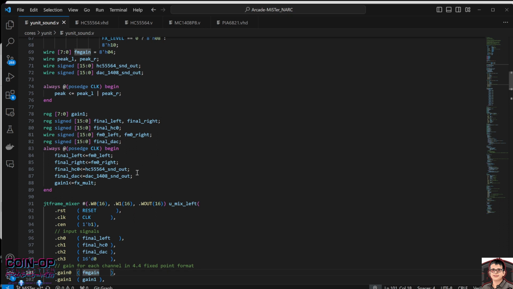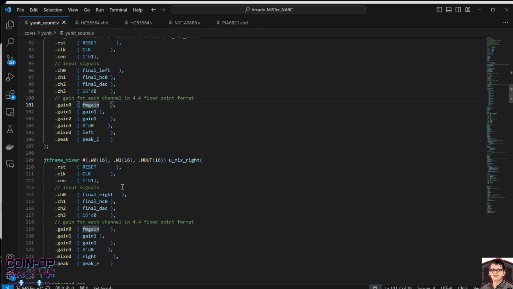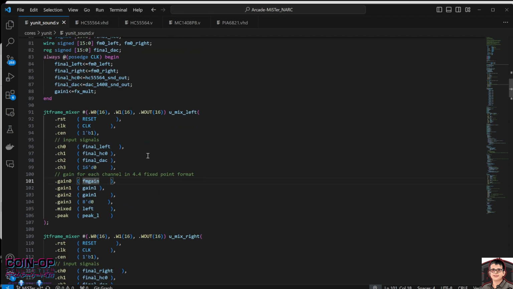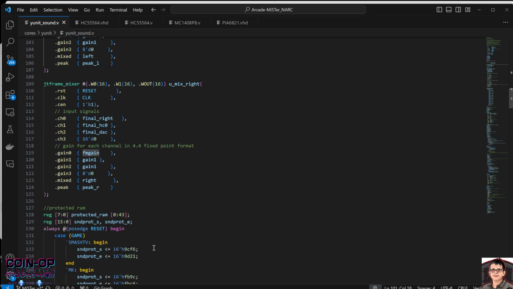Sometimes some games have software configuration in the CMOS menus or the BIOS menus to configure the sound levels, but I don't think the games... well, actually, you know what? The Midway games kind of do have that for some games, not all the games, but normally I try to add an option in the user-defined menu for that. So that is left and right. Okay, so you have a mixer, and that's left and right.